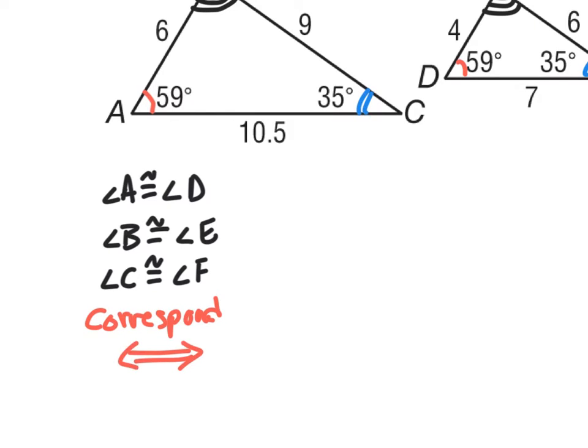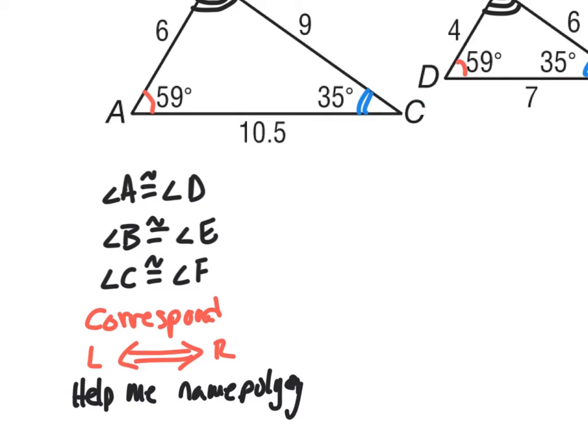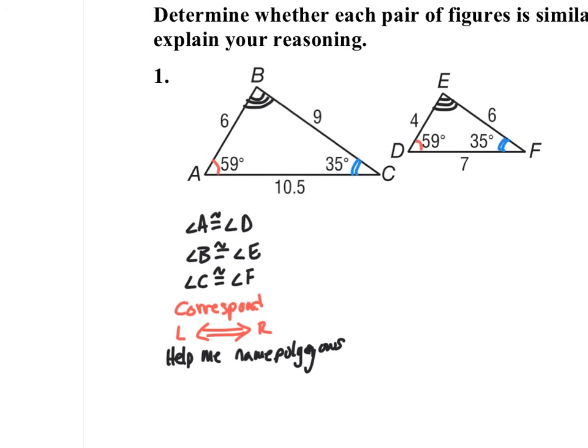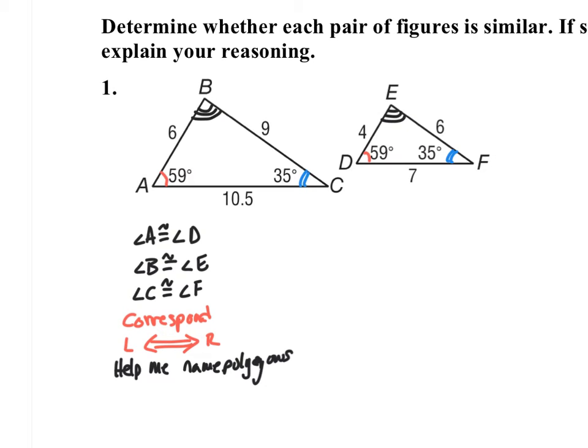You can go from the left to the right or from the right to the left. This is also going to help me name the polygons, and that's important because that's going to help us set up equations and stuff like that.